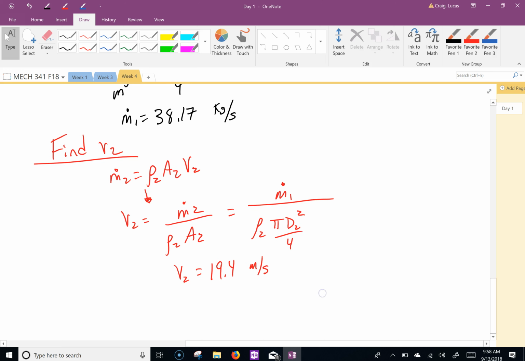And just for future too, the area 1, because we're going to need to know that maybe, or if you found it, is 0.00196 meters squared, just to have it.